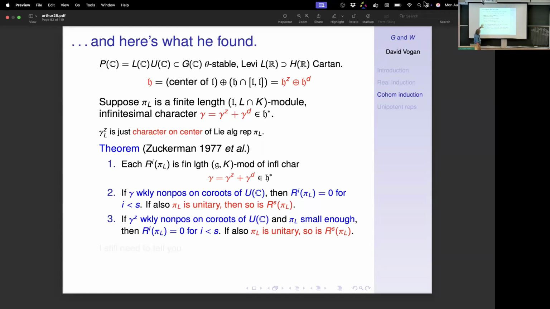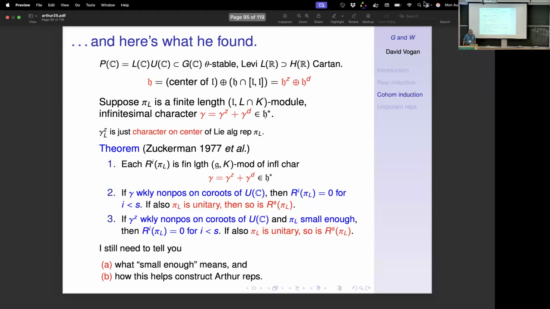The relation between these two conditions is technical and hard to get your head around. I'm going to write some examples on the next slide. What I need to tell you is exactly what small enough means in this last condition, and how this leads to constructing Arthur's representations.